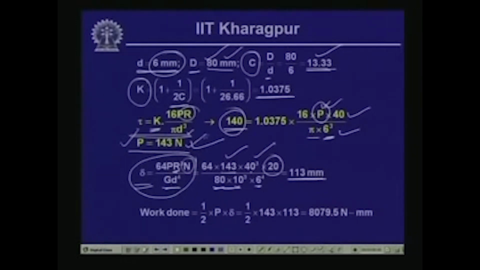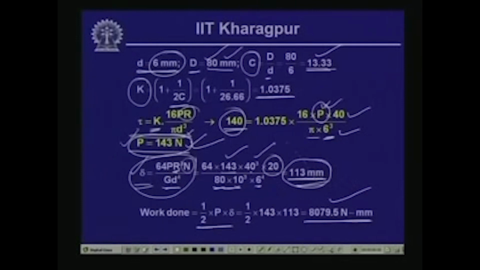So, the load which can be imparted on the spring coil is P, which is 143 Newton, and the deformation that occurs because of this load P is 113 millimeter. So, the work done by this particular load is equal to half P times delta. This is equal to 8079.5 Newton millimeter.